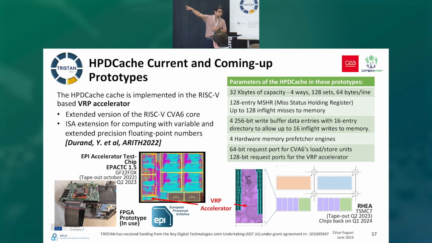As I said at the beginning, we have some ports with 64-bit data width for the load store unit of the core, because it's a CVA6, so a 64-bit core. Then we have 128-bit data width for the VRP accelerator, because it is a data-intensive accelerator.